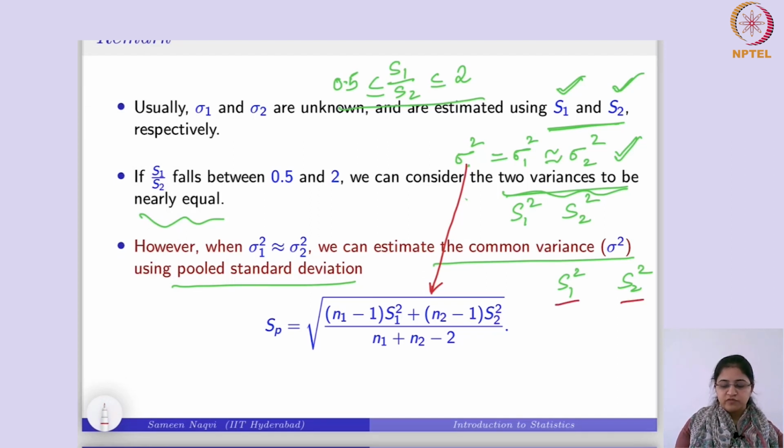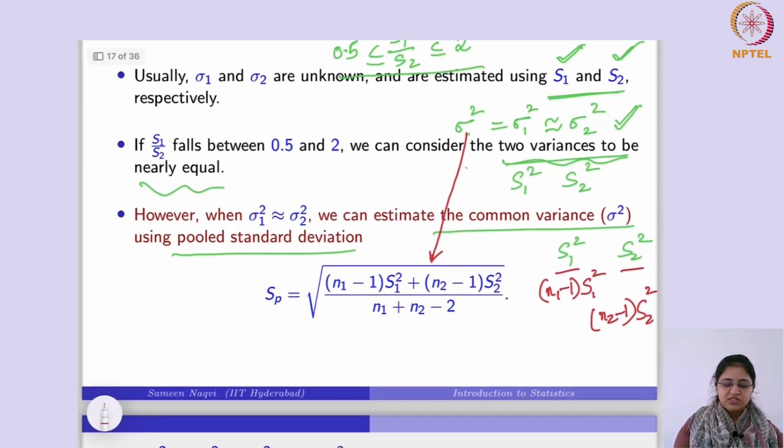So S1 square and S2 square. We know that for both of them we have these as the corresponding degrees of freedom, right? So we are giving these as the weights, and for this one we have n2 minus 1 S2 square, because the sample variance follows chi-square with n minus 1 degrees of freedom. So with that same logic, your pooled variance can be defined as n1 minus 1 S1 square plus n2 minus 1 S2 square, so a weighted average in this way. Because a weighted average is what?